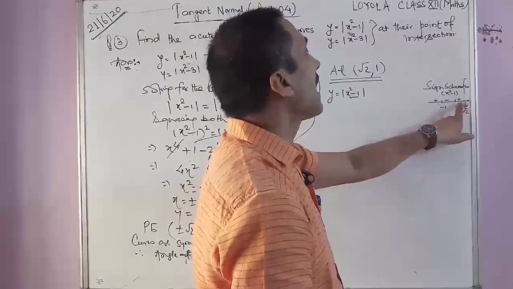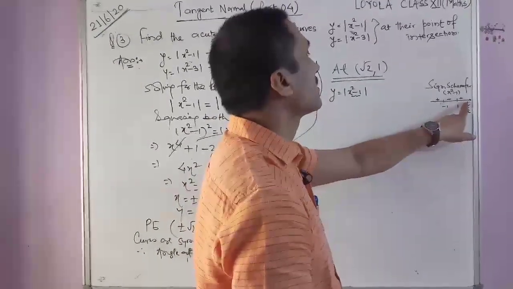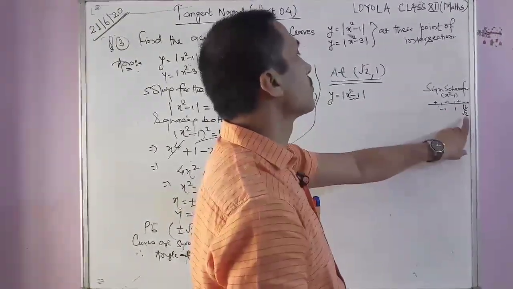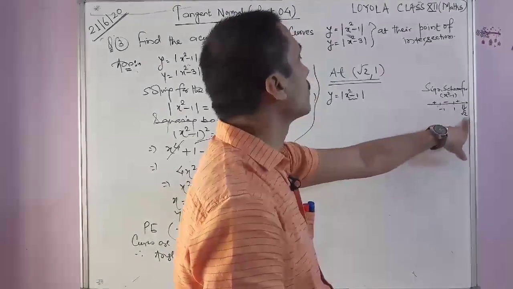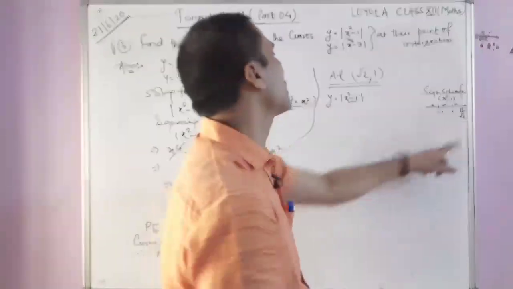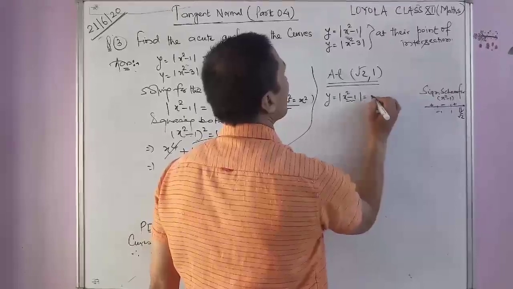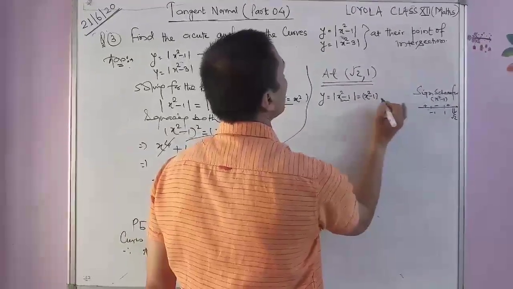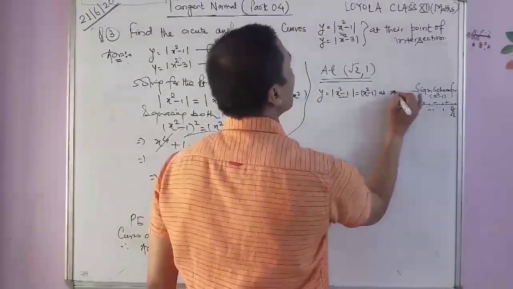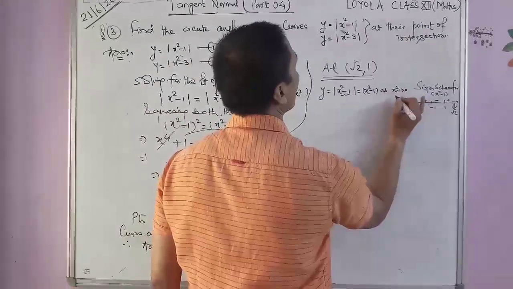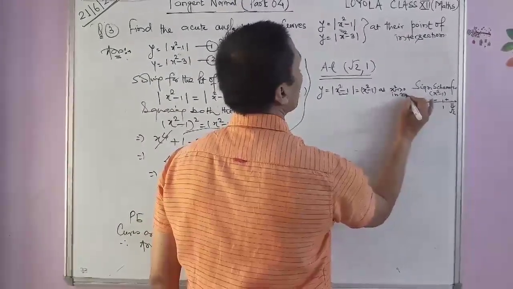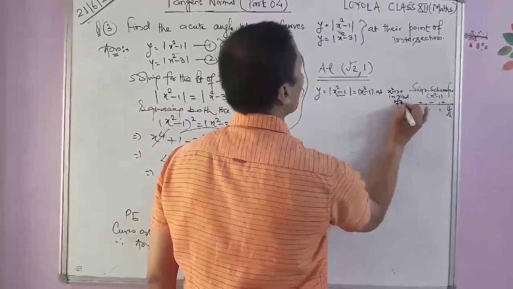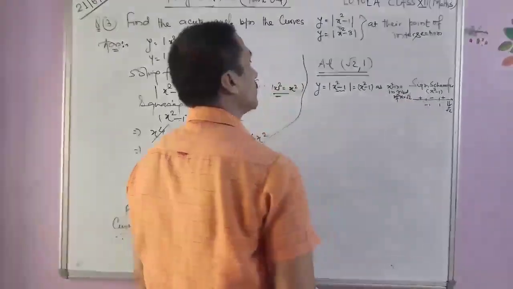In this entire region x² − 1 is positive. So in the neighborhood of √2, x² − 1 is positive. We write here x² − 1 greater than 0 in the neighborhood of x equal to √2.